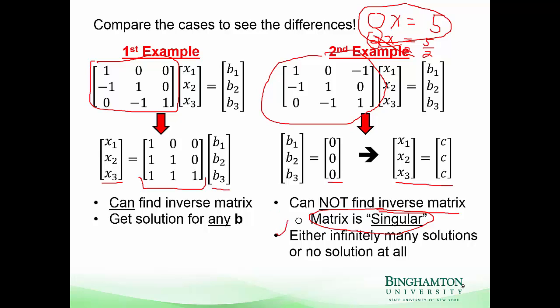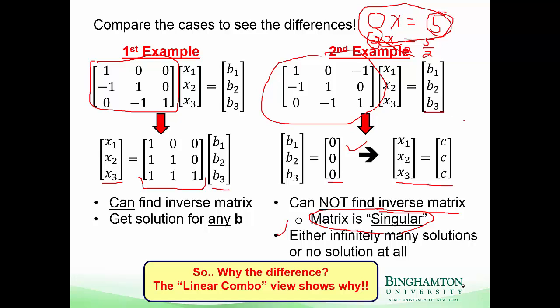So for this given C matrix, depending on our choice of B, because remember up here, it depended on whether I put a non-zero element here or a zero element here, that determined whether I did or didn't get solutions. Same thing down here. Depending upon what I pick for my B determines whether I will have infinitely many solutions, which I saw in this case, or no solution at all.